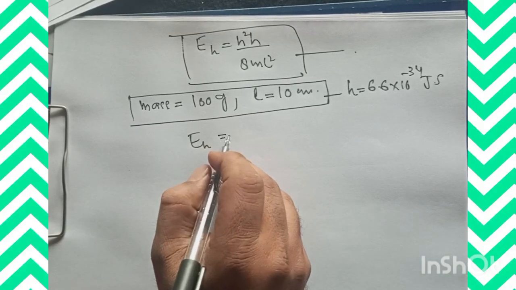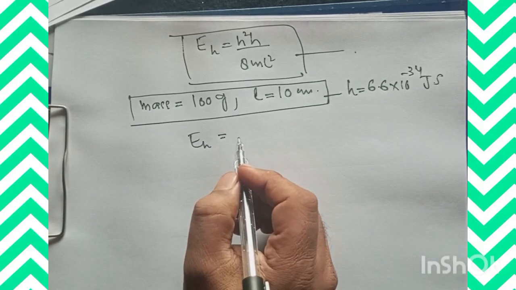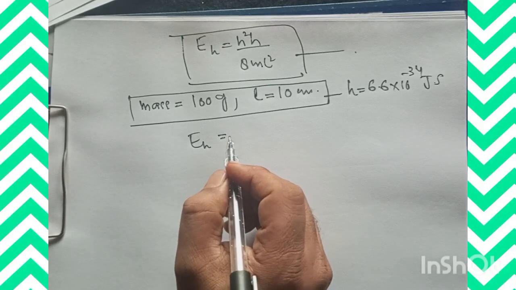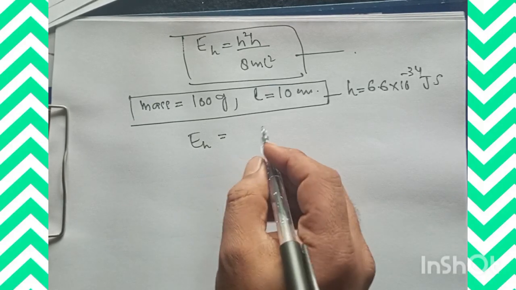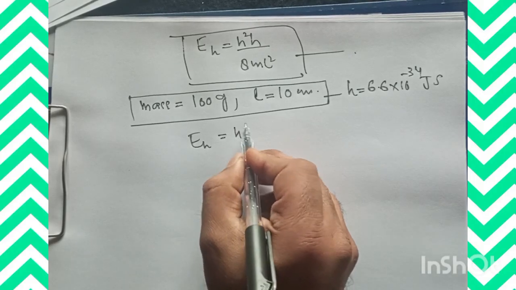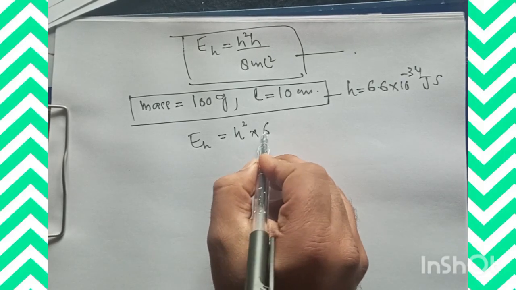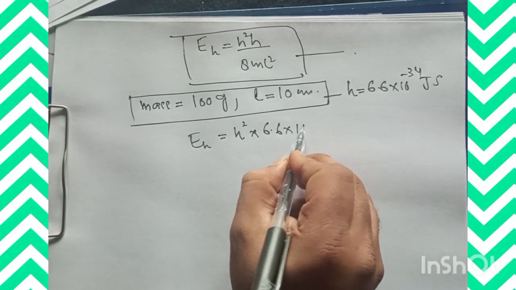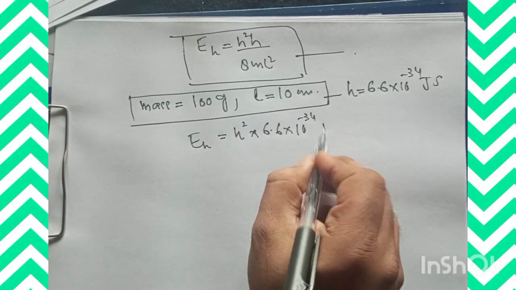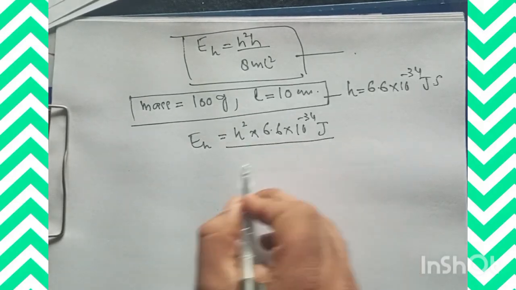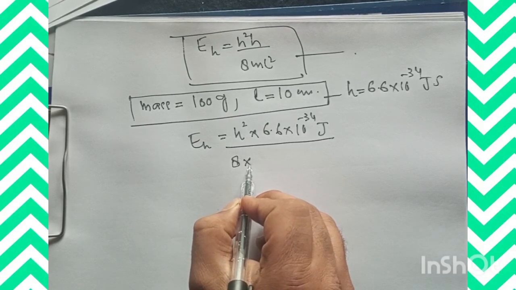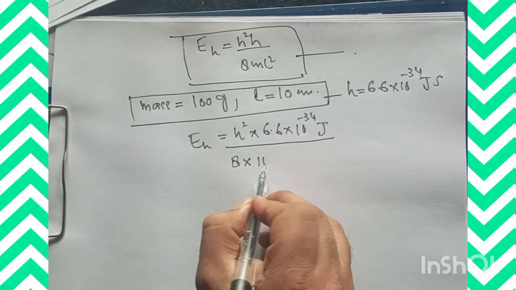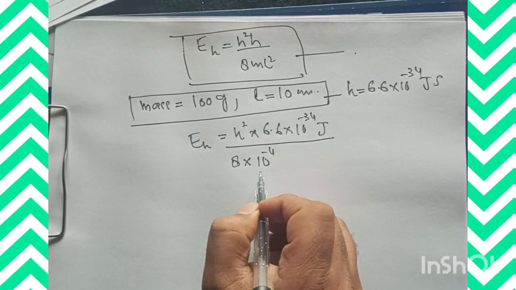So what will be this En if I choose the values as n square is here and h is Planck's constant, that's 6.6 times 10 to the power of minus 34 joules second. Then we have 8. Then the mass that we have considered here is 100 grams, so that will be 10 to the power of minus 4 kilograms.